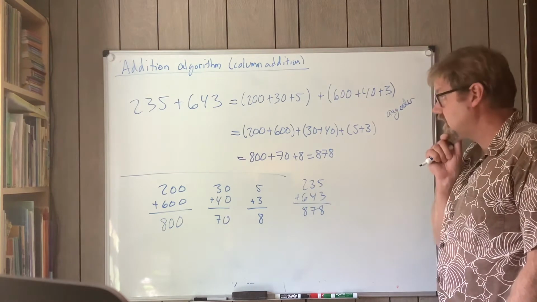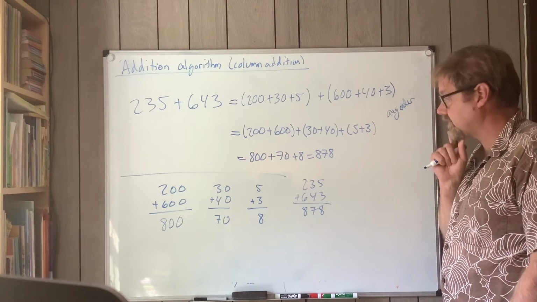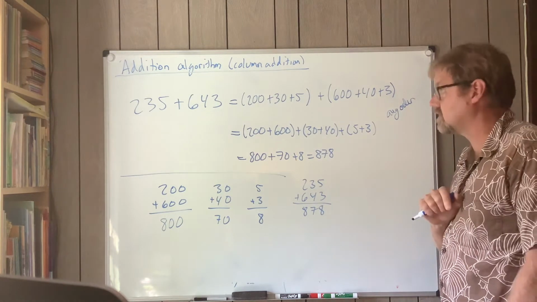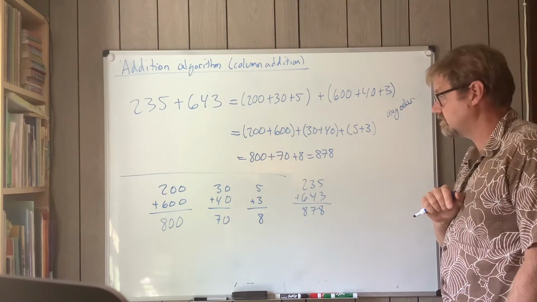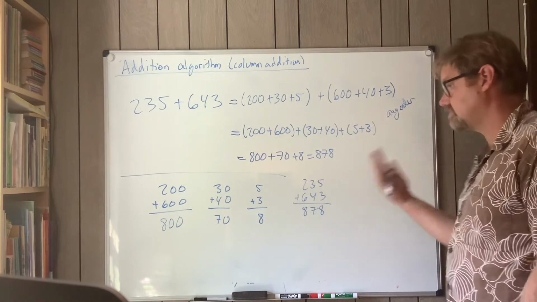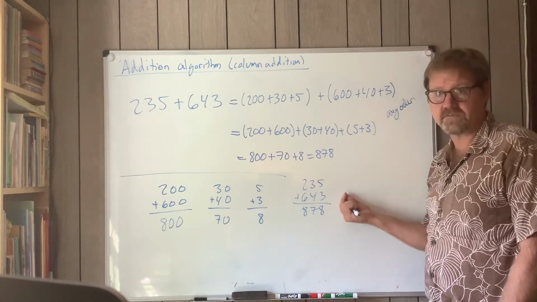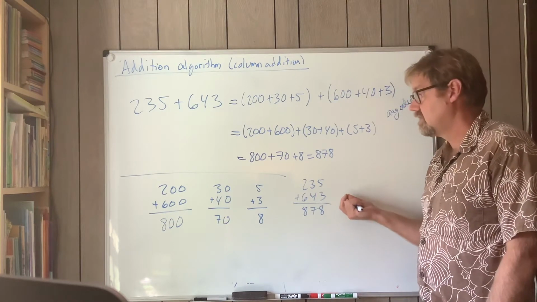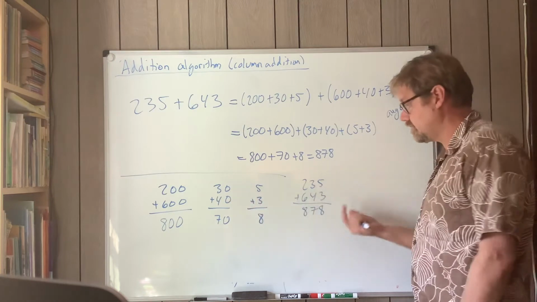Now, before we do that, I'm going to talk a little bit about the chip model or the coin model, because I think this is the key part of this. Some really important skills for students before they get to this: first of all, understanding place value.